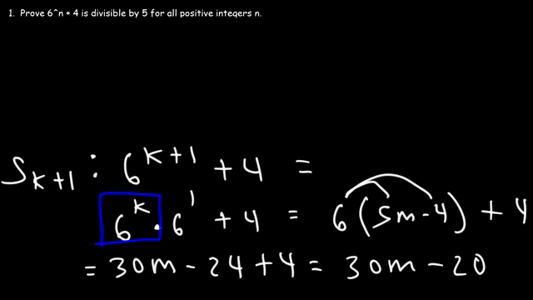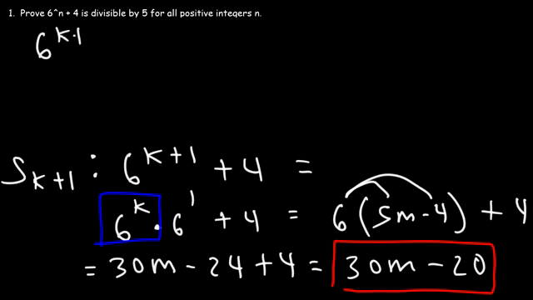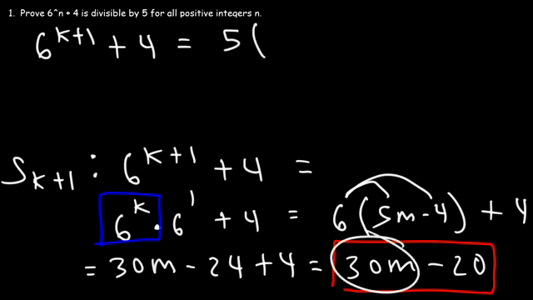So I'm going to factor out a 5 in this expression. So we could say that 6 raised to the k plus 1 plus 4 is equal to 5 times 30m divided by 5, which is 6m, and negative 20 divided by 5 is negative 4.